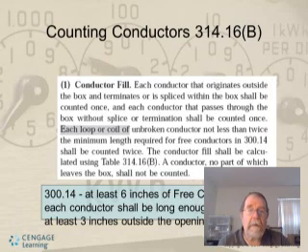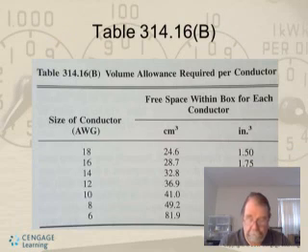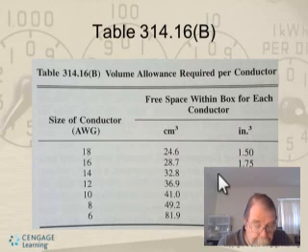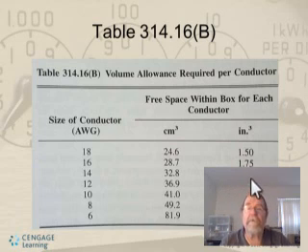And here's that table they were talking about, 314.16(B). Say we're using 14 gauge wire, over there it's 2 cubic inches. Each conductor takes up 2 cubic inches inside that box.